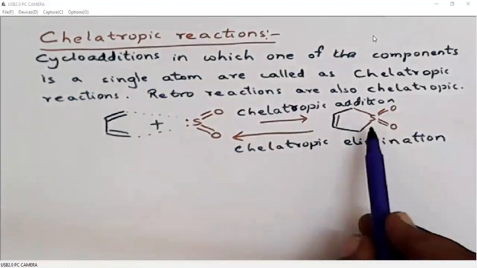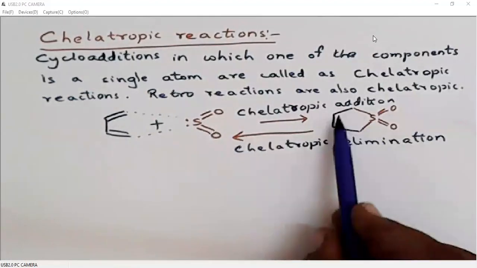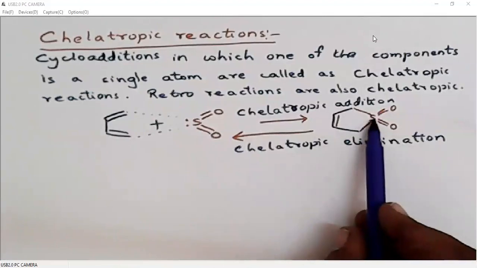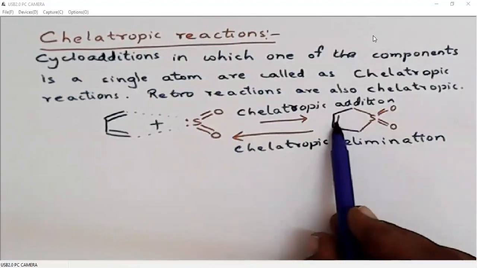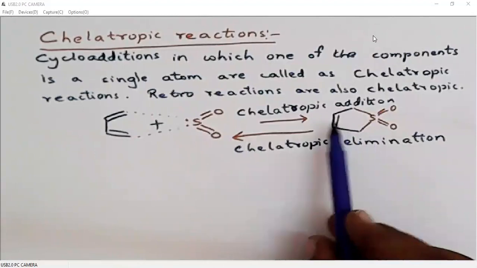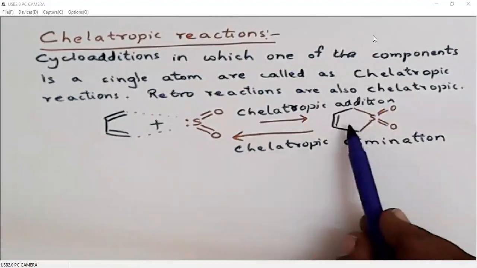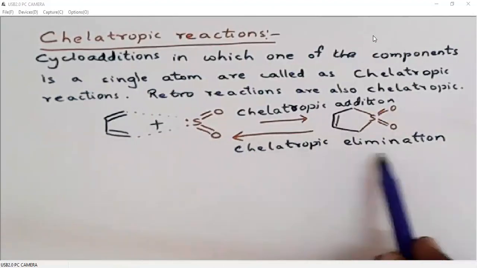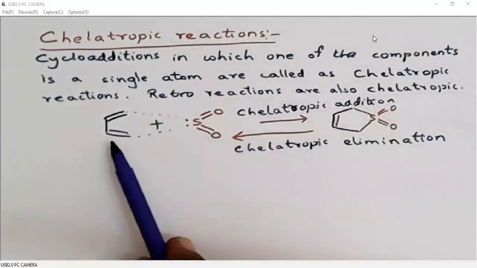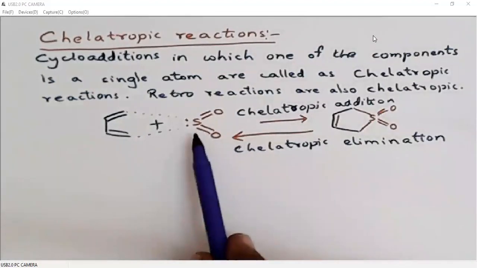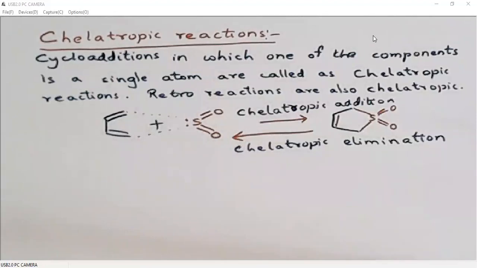So always remember that if you are given a 5-membered ring in which sulfur dioxide is part of the ring, and you have a double bond in the ring, then when we heat the system, it immediately undergoes cheletropic elimination to generate the diene. Of course, sulfur dioxide is a gas, so it will expel from the reaction mixture. Now we will look at how this cheletropic reaction will occur.